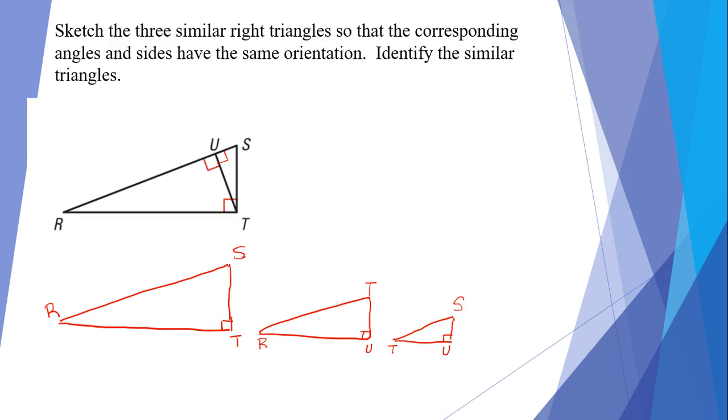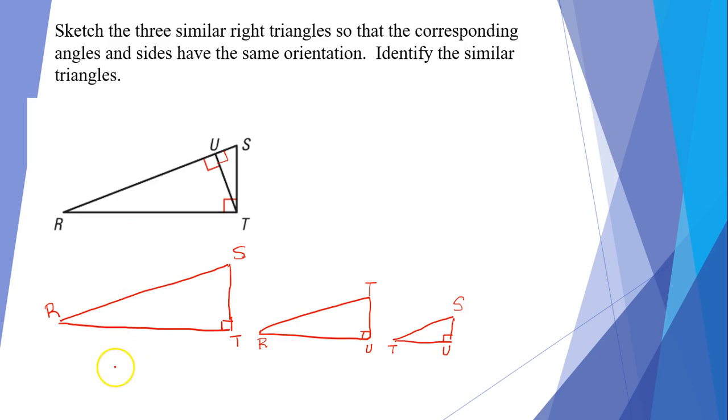And now from redrawing these triangles with all the same orientation, it's very easy to identify the similar triangles that we have here. So just go in order from left to right.